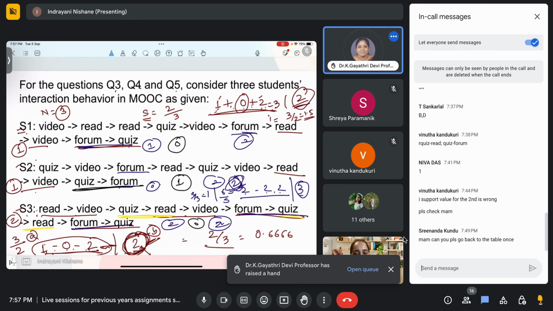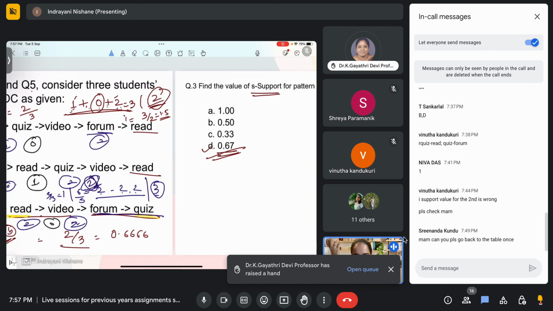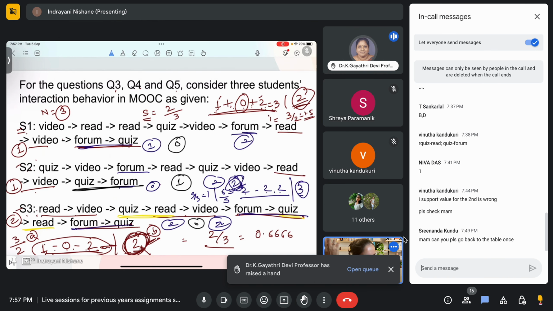Instead of a transition, you can consider one single node, count how many times it is occurring, and do the same process of getting S support and I support value. Just now we considered forum.